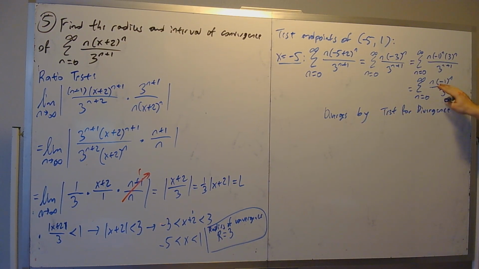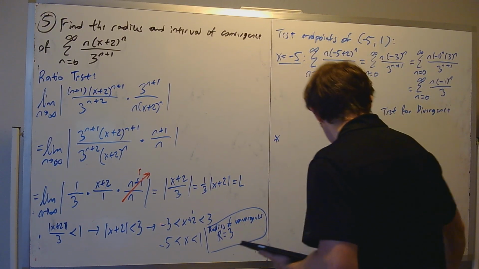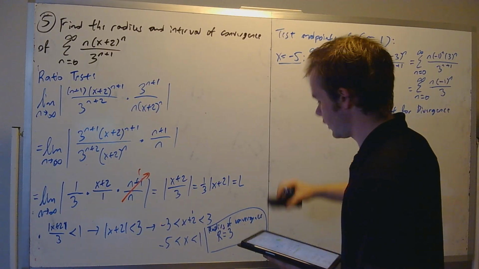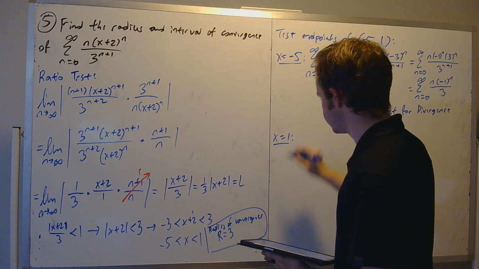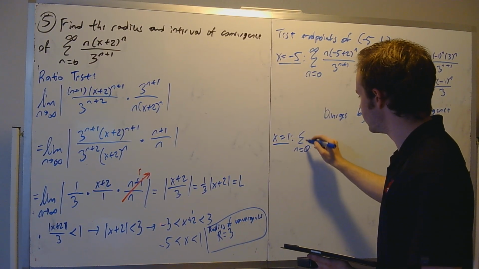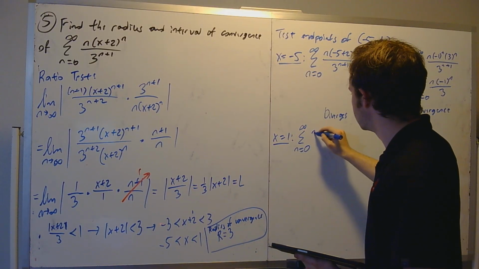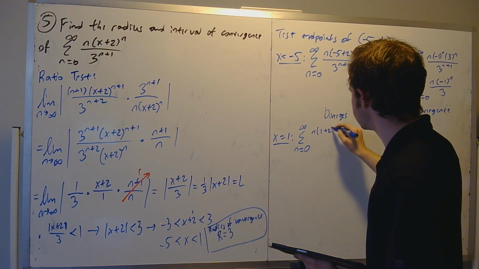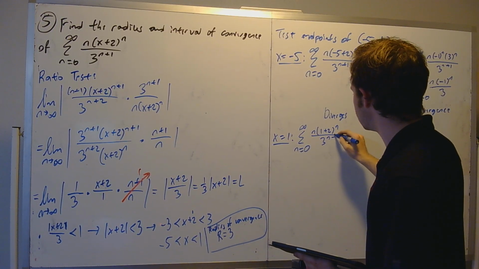Okay, so again, I encourage you to check that. But now we just got one more case. This is x equals 1. If we plug in x equals 1, we're going to get the sum from n equals 0 to infinity of n times (1 plus 2) to the power of n over 3 to the n plus 1.